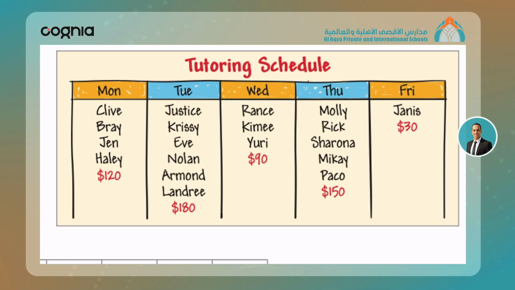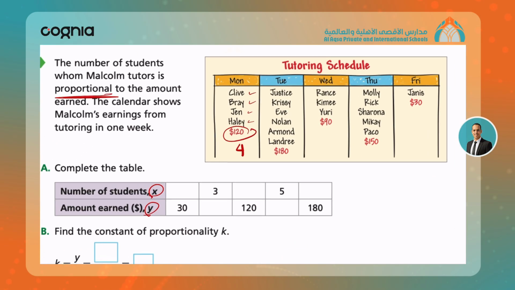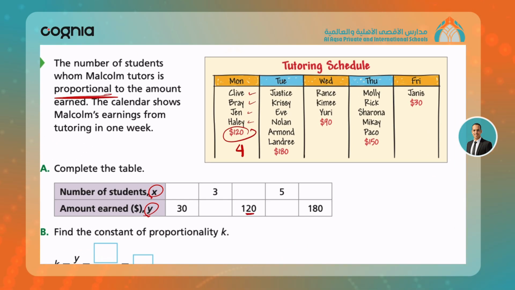So this is the tutoring schedule, and you can see on Monday, Malcolm had 1, 2, 3, 4 classes, and the total amount is 120. So this is 4 classes and he got $120. So let's look at the table. Yes, here's the $120, so up here should be 4.